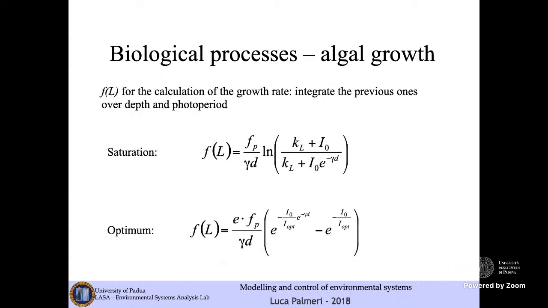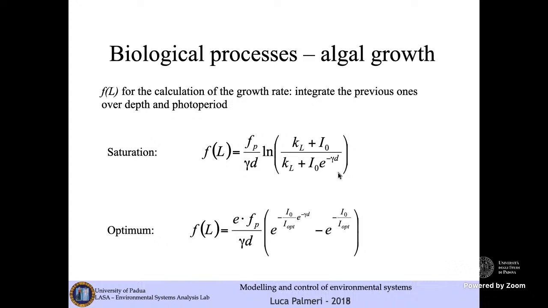For the calculation of the FL, you shall remember that you have to integrate the previous models over the depth and the photoperiod. So over the depth and over the portion of the daytime in which you have light. In the case of these integrals, for the saturation curve, you obtain the limiting effect of light with two models.